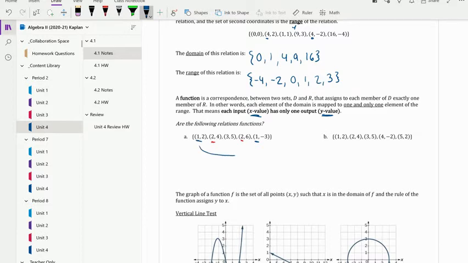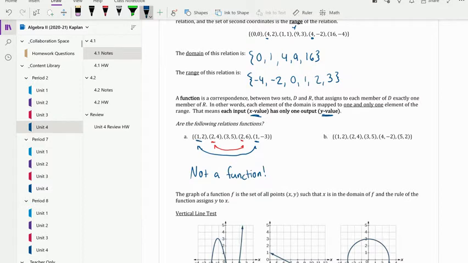But notice 1 has both the output 2 and -3. 2 has both the output 4 and 6. Either way you cut it, what that means is the input 1 and the input 2, both of those have more than one output. So this is not a function.